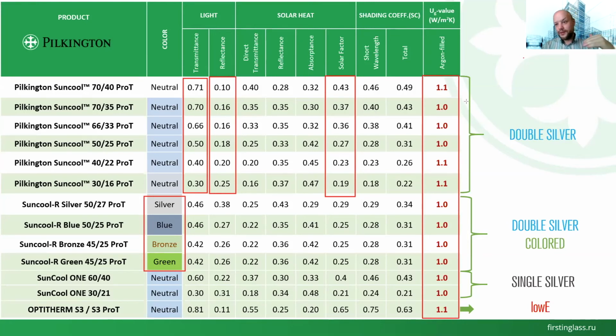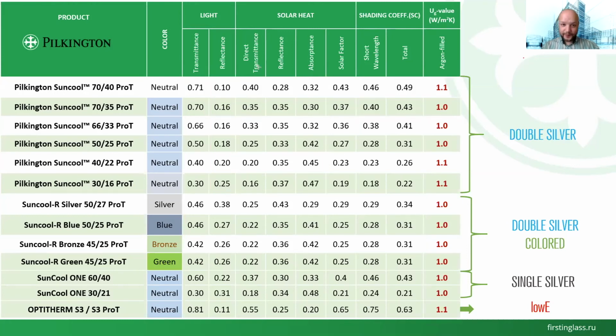Just put in some argon to increase the characteristics and you're good. These characteristics are always with argon. So in this table, you see the whole product range of our plant, and basically choose the one which you like.